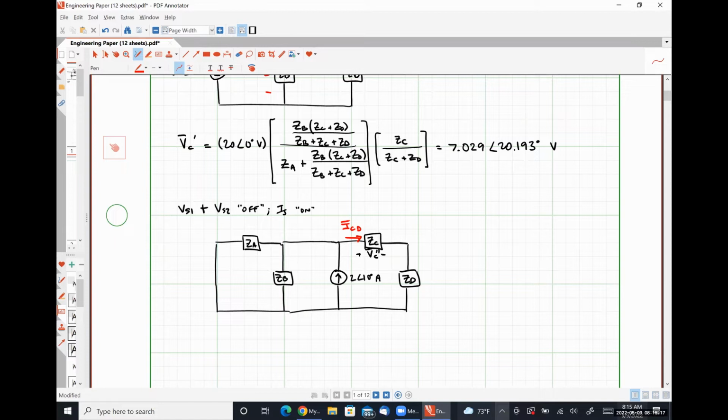Using Ohm's law, then, the voltage drop VC double prime will just be ICD multiplied by ZC.